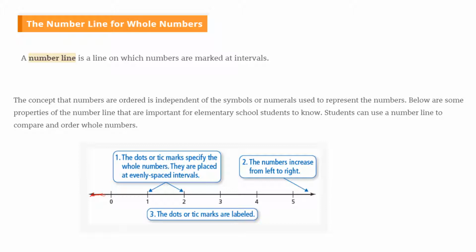Now the whole numbers start at 0, so we just put the arrow on this side, but we're not considering any of those numbers down here. But the number line goes on and on forever in the negative and positive directions. But we're only plotting, like I said, whole numbers, so we start with 0.